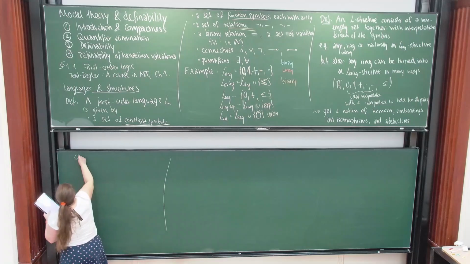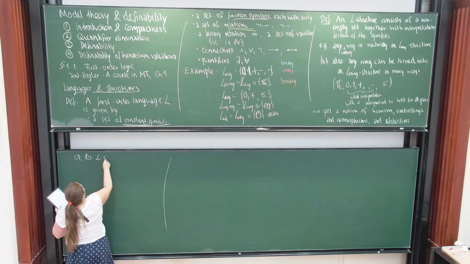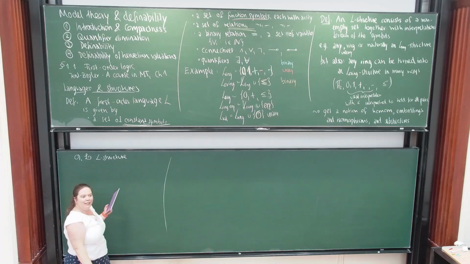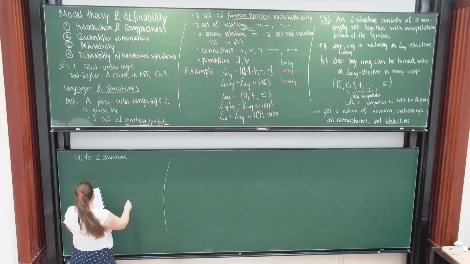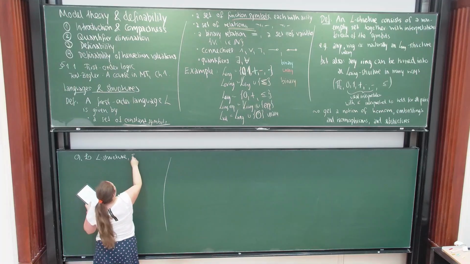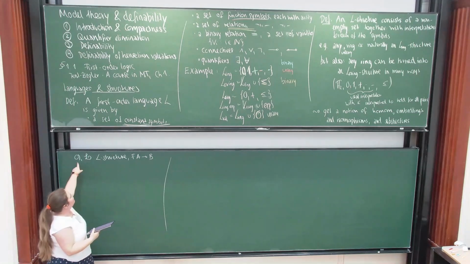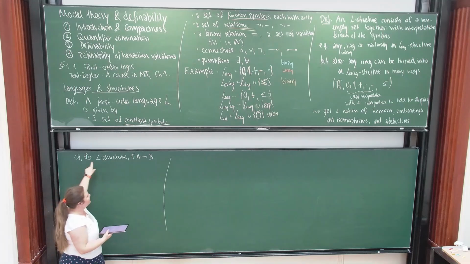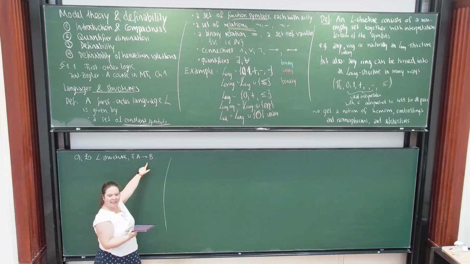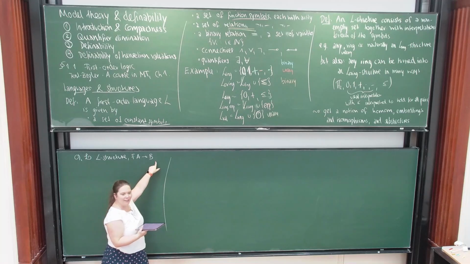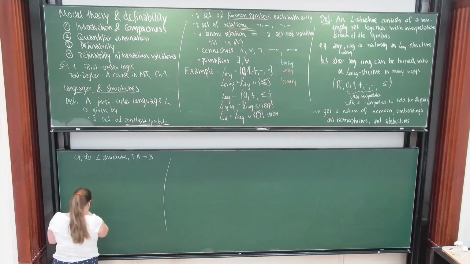so A, B are structures. The question is, for the relation symbol, is there an if and only if or not? So let me write it down: a map F from A to B. I write my L-structures as Fraktur letters, and then the corresponding Latin letters are the underlying universes, the sets on which these structures are defined.